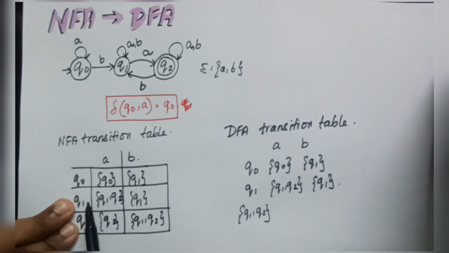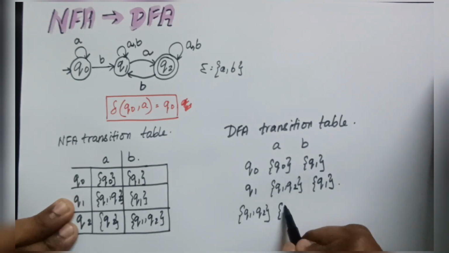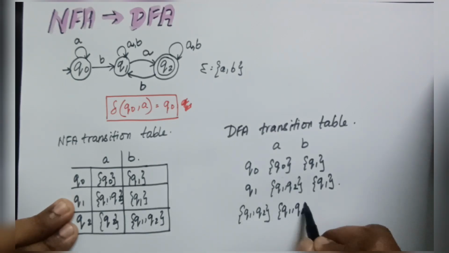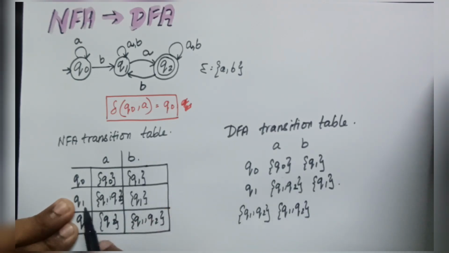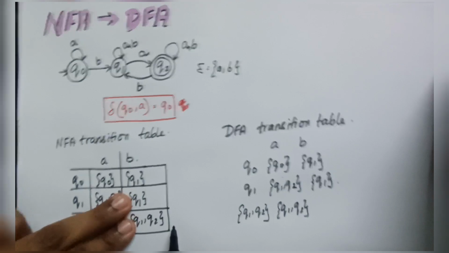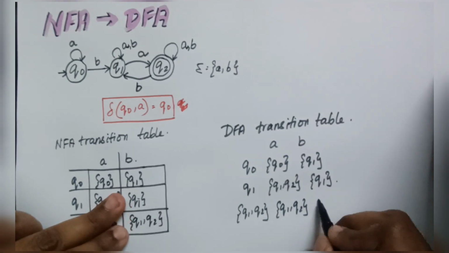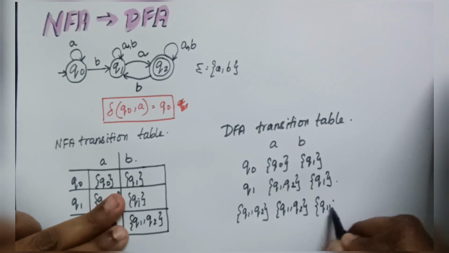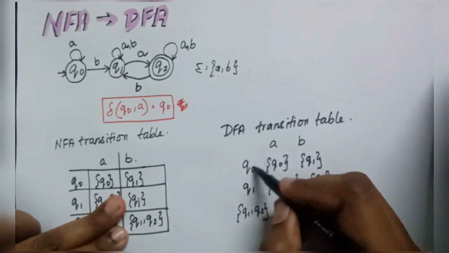So what is Q1's A transition? It is Q1, Q2. Q2's A transition, it leads to Q2. So unioning both these, I get Q1 and Q2. So this will be Q1 and Q2. Again, for B, Q1 with B transition leads to Q1 itself. Q2 with B transition, it leads to Q1, Q2. So unioning both these, what do I get? Q1, Q2 again. So Q1 comma Q2.